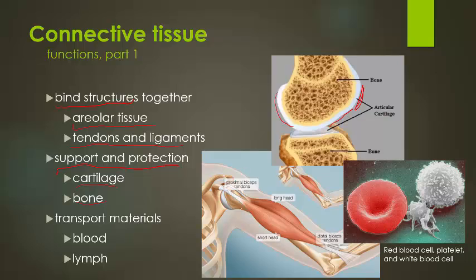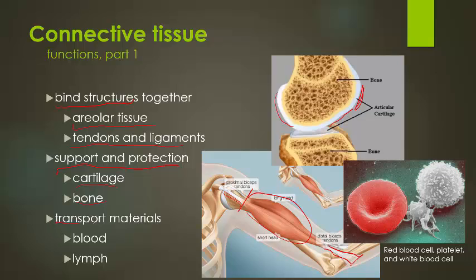These tendons here clearly are connecting the muscle. So here's the biceps brachii, and they're connected by tendons to the bones of the scapula, and also by tendons to the bones of the forearm.